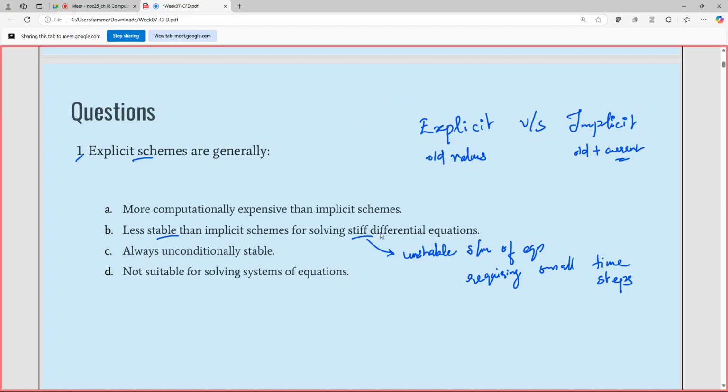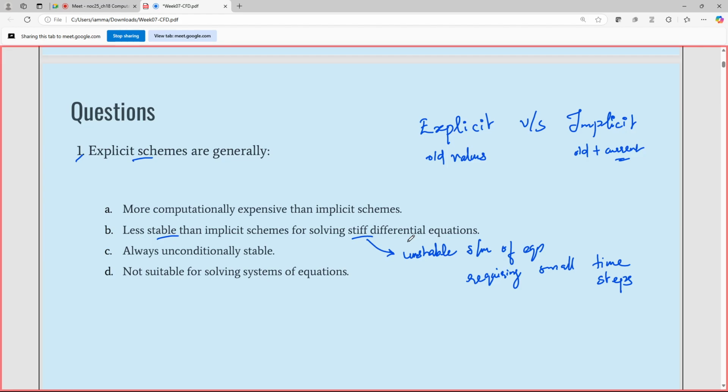In that case, explicit schemes become really unstable if we use them to solve such a stiff system of differential equations. Whereas implicit schemes give an advantage in such conditions, even with larger time steps. Implicit schemes can help to solve stiff differential equations in a better way.